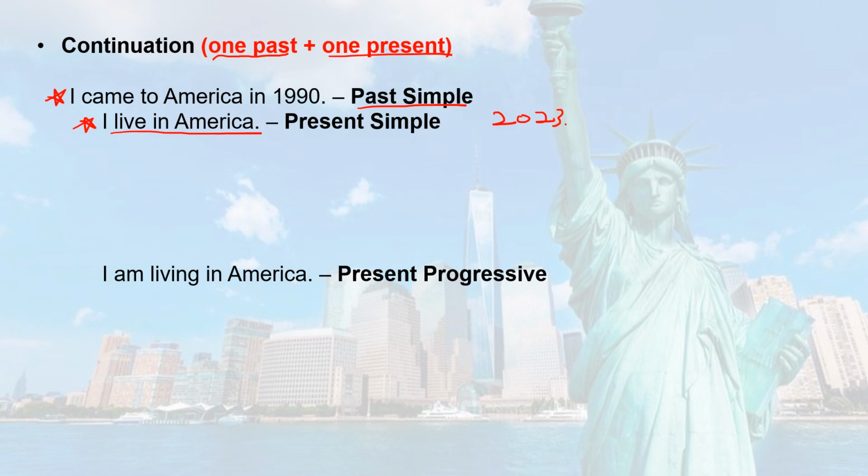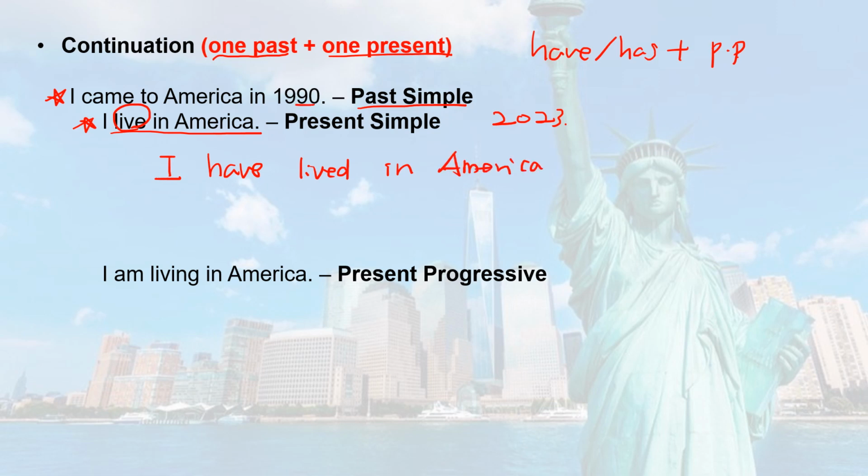So subject is I. And as you know, a present perfect is have or has plus past participle. So here I have. And then focus on present. So I have lived. I have lived in America. I came to America in 1990.